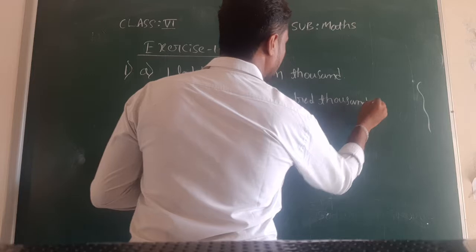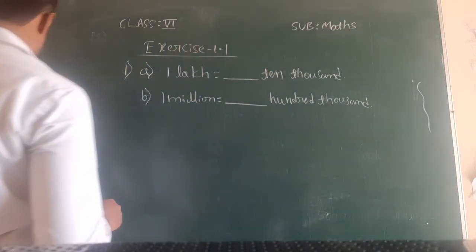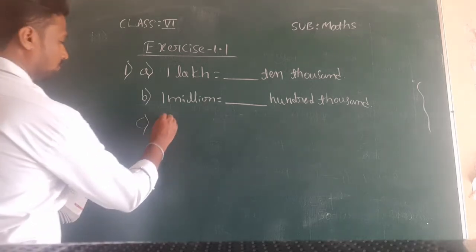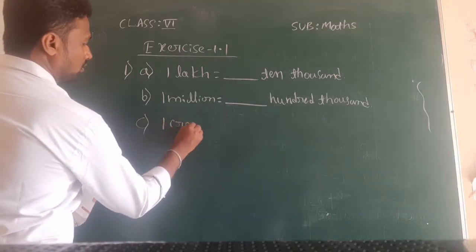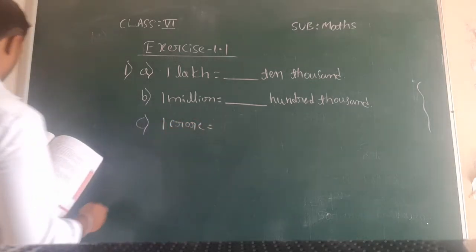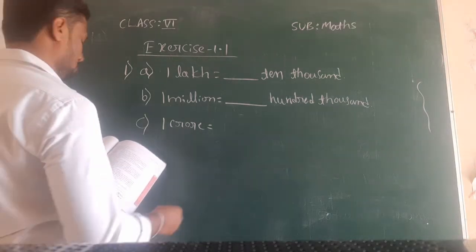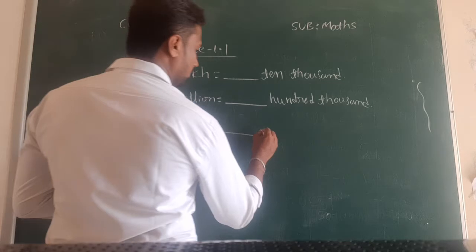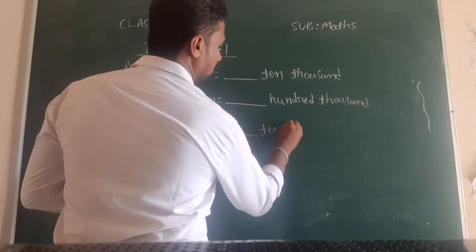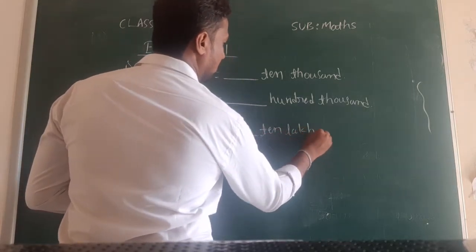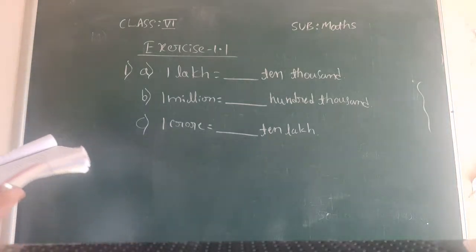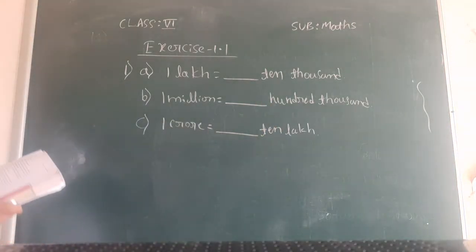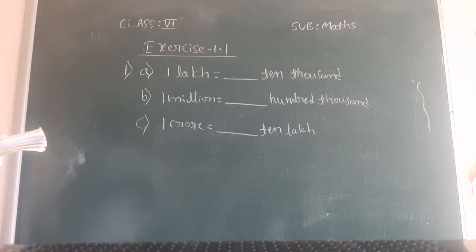Next, 1 crore equals to dash 10 lakh. Here you just have to mention how many 10 lakhs make 1 crore.